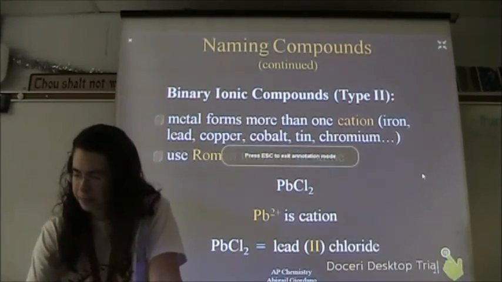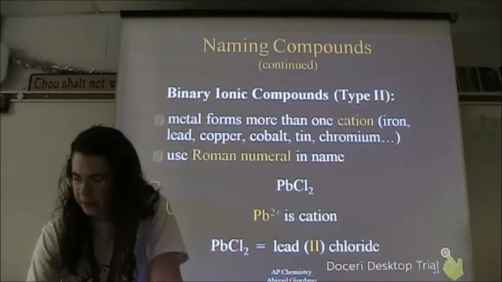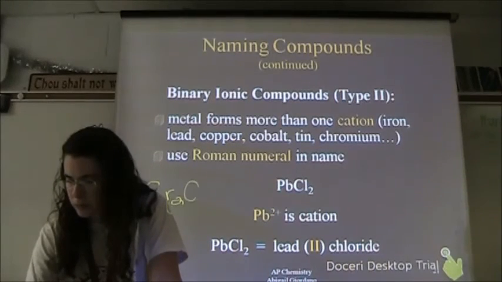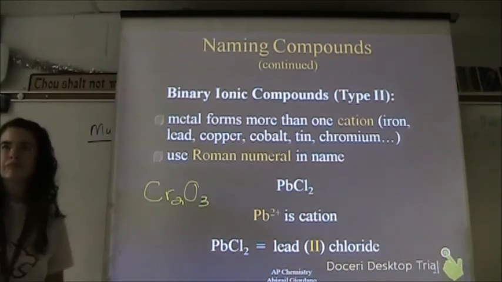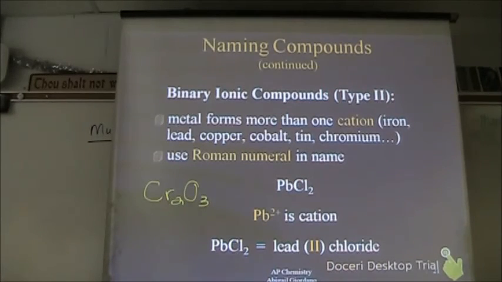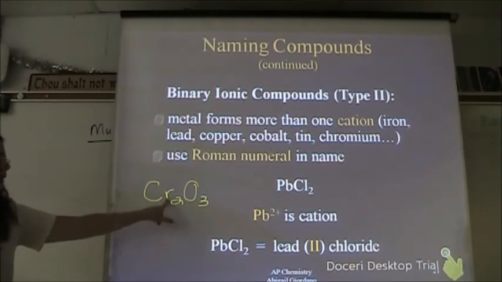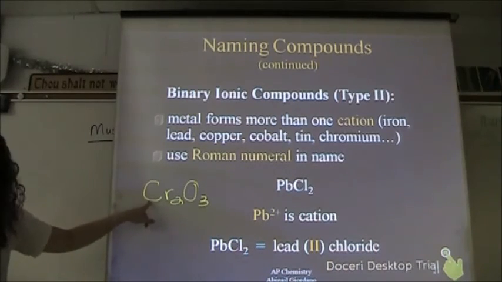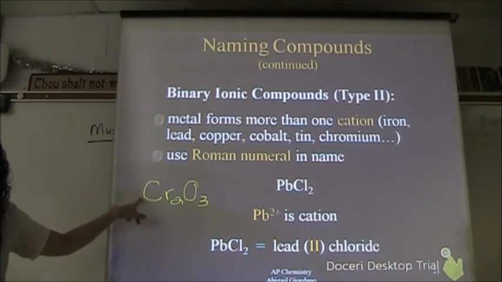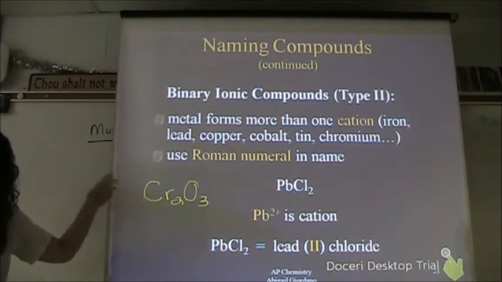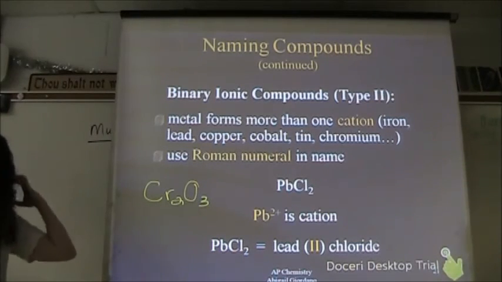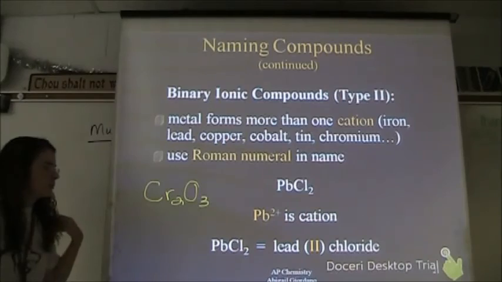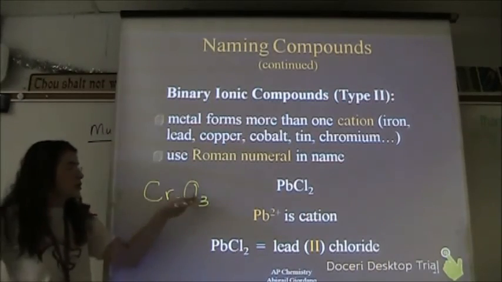How about this? First of all, what element is Cr? Chromium. Look at where chromium is on your periodic table. Does it need a Roman numeral, yes or no? Yes, it does. Okay. Well, we don't know what its charge is. Let's look to the nonmetal.